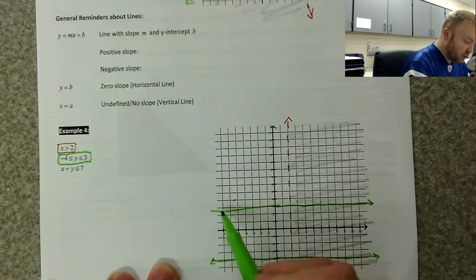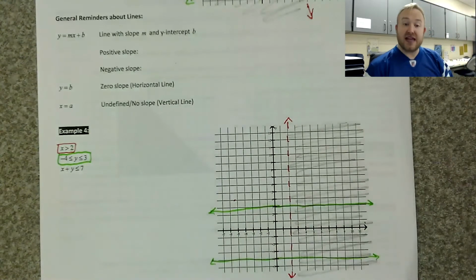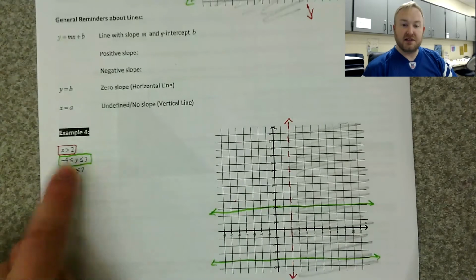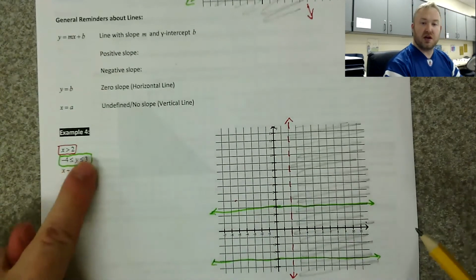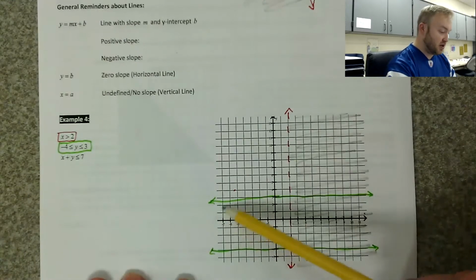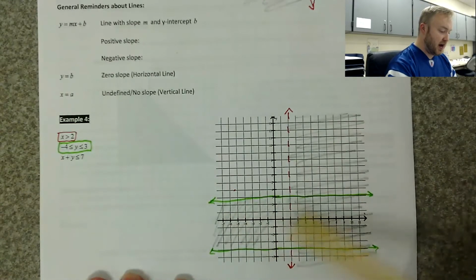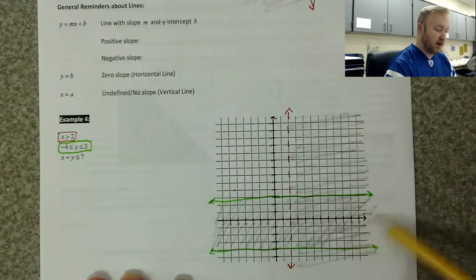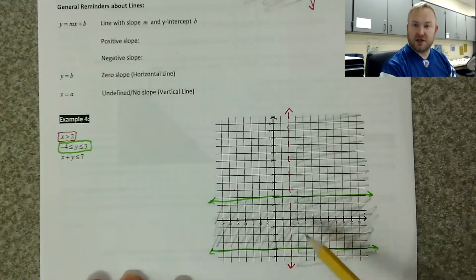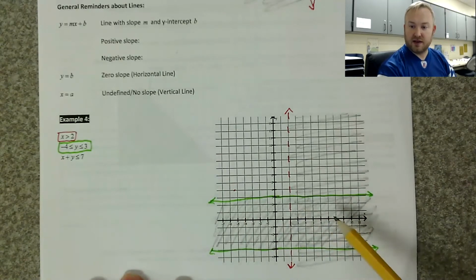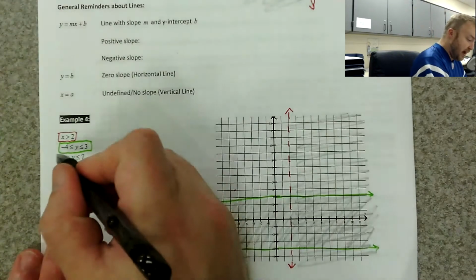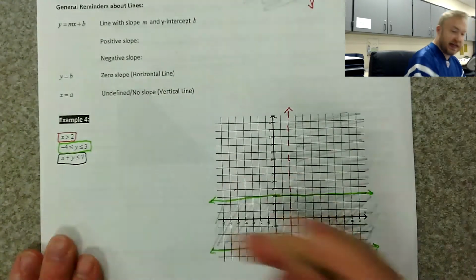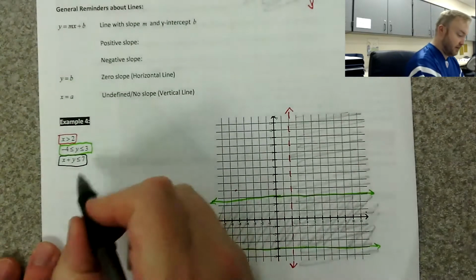You'll notice that I'm making these solid lines because it does say or equal to there. Now we want the points whose y coordinates are in between those numbers, so I'm going to lightly shade in between the green lines. See how this part now got shaded twice? Keep that in mind.